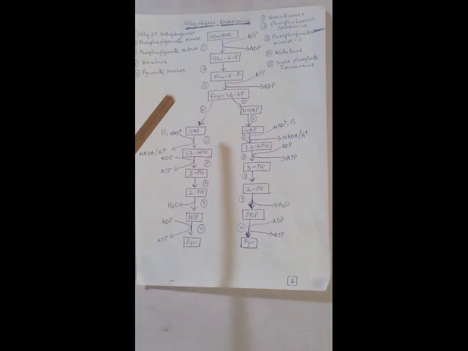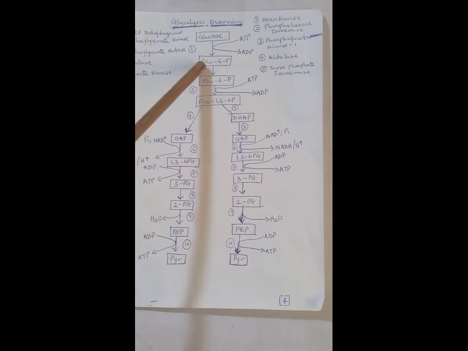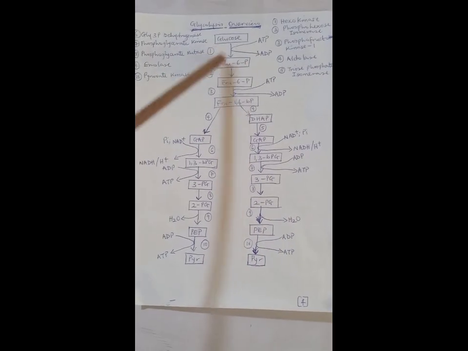In step 2, you have the enzyme phosphohexose isomerase. I earlier told you that is an isomerase enzyme that converted glucose 6 phosphate to fructose 6 phosphate. So glucose 6 phosphate and fructose 6 phosphate are isomers. Isomerase enzyme converts this glucose to fructose.